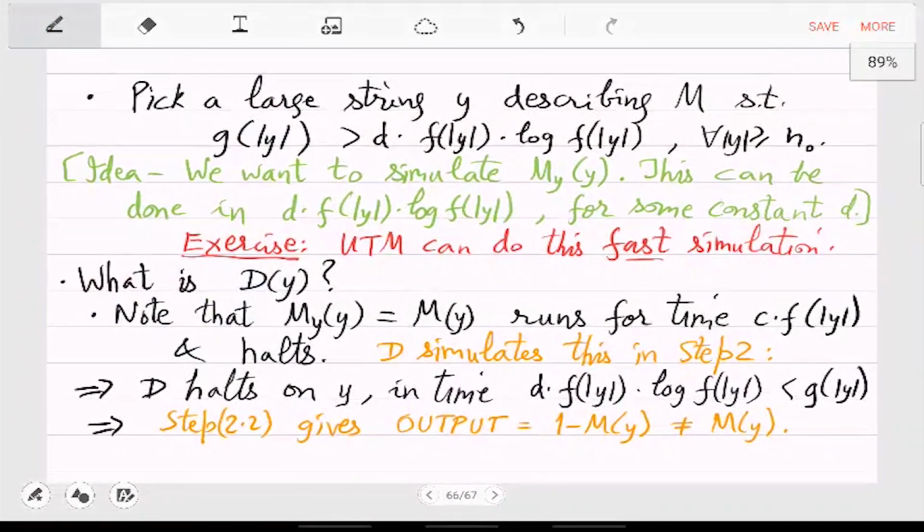Right, but haven't you assumed that M and D both are solving the same problem, which is L, right? So this is a contradiction.